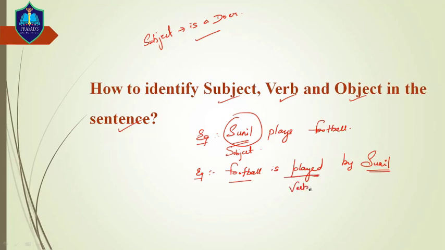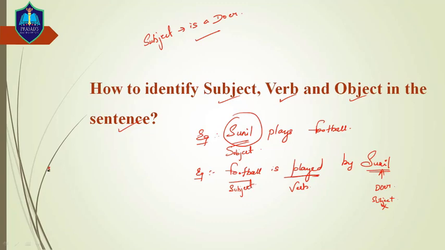So played is the verb over here. Who is the doer? The doer is Sunil. And if we take this as the subject, it is wrong. So the doer is not the subject over here. Football is the subject in this particular example. By this, we got to know that the doer is not always the subject in the sentence.